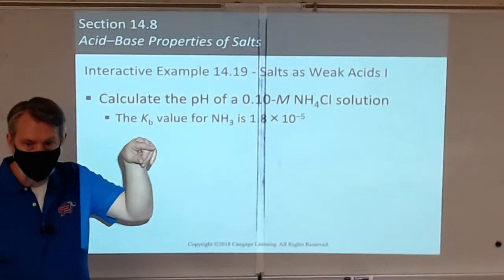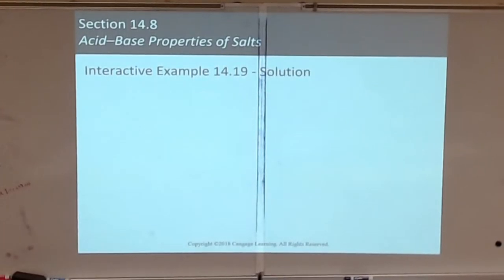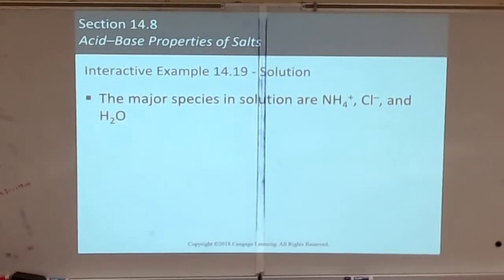Lithium down, up to calcium, right? 5 down, 3 up. So that's not in that list. So I know it's a weak base, and in fact, the Kb value for this is 1.8 times 10 to the minus fifth. So what's going to happen here is, if I mix that into water, it's going to take in that extra hydrogen. That's in fact how we get the base. So the major species are ammonium, chloride, and water.